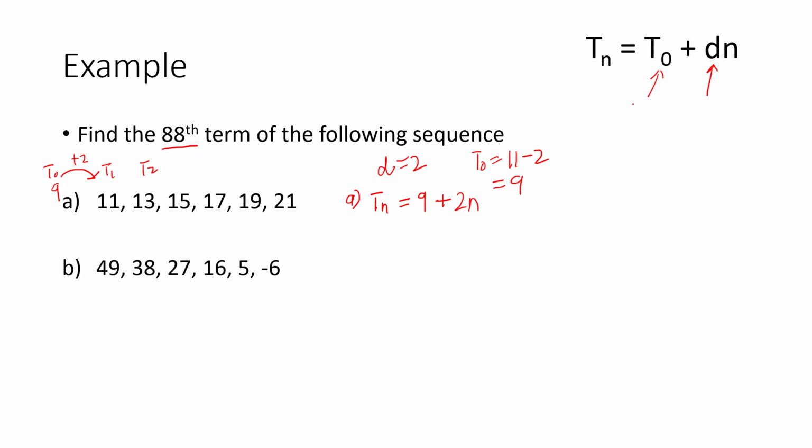So notice that I replace the term 0 with what I found down here, and d, the common difference, with 2, because 2 is the common difference in this number pattern.